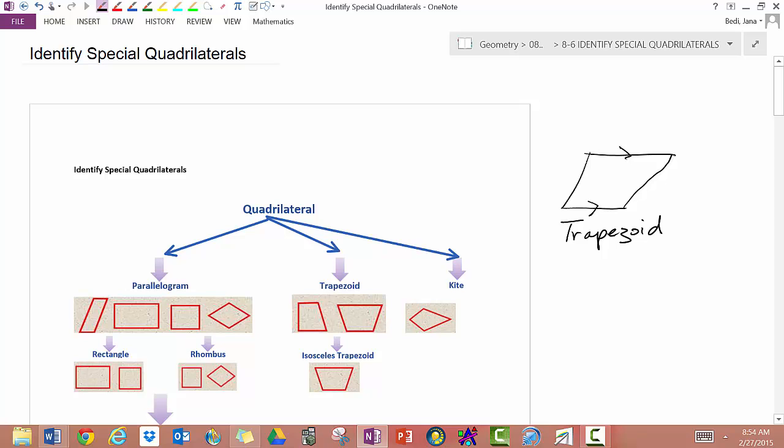A trapezoid cannot be a parallelogram, and it cannot be a kite. But if I do find that I have a trapezoid, I can further make a determination as to whether it's isosceles or not. And this trapezoid has legs that are not congruent, so this is not an isosceles trapezoid.